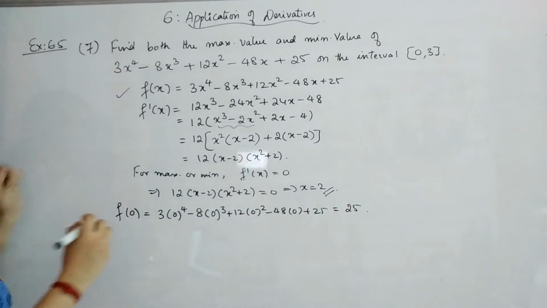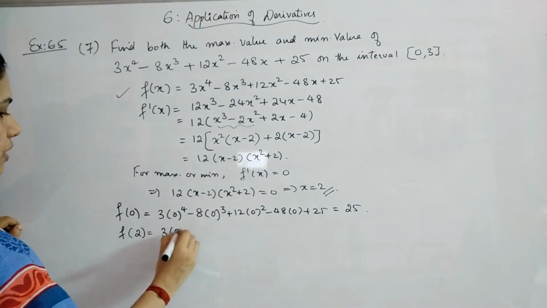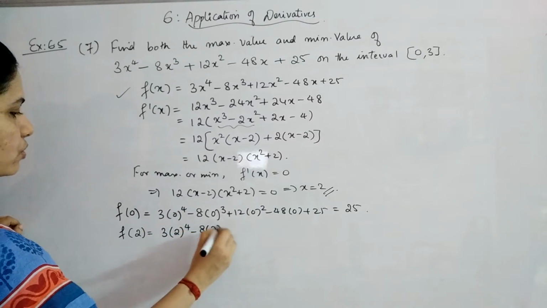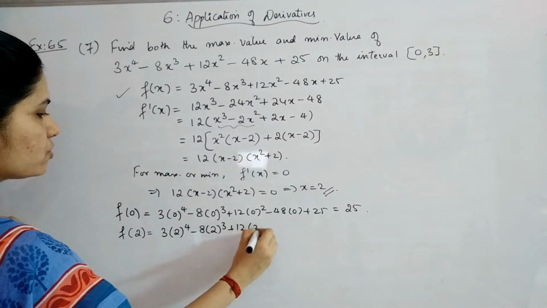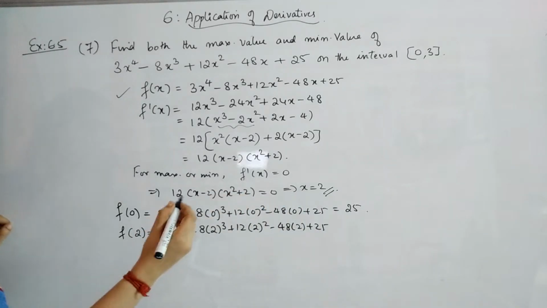Okay. Now the value which you got in between is 2. So what is f of 2? 3 into 2 raised to 4 minus 8 into 2 cube plus 12 into 2 square minus 48 into 2 plus 25.